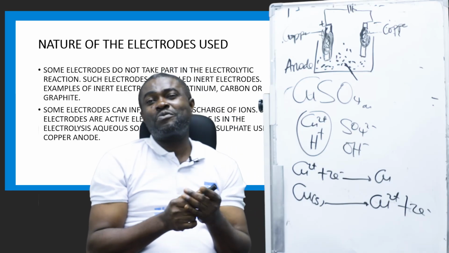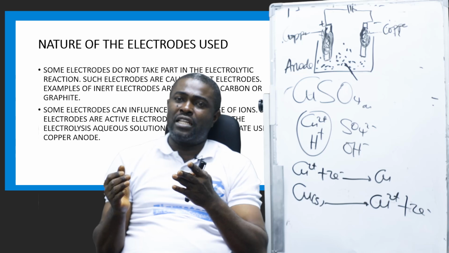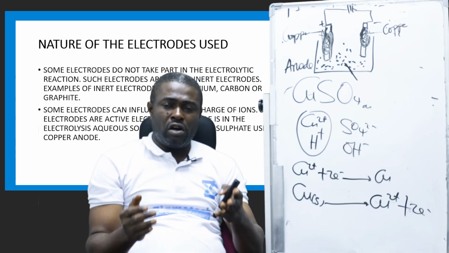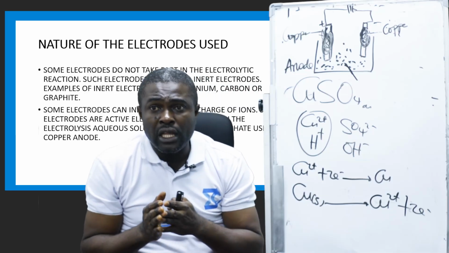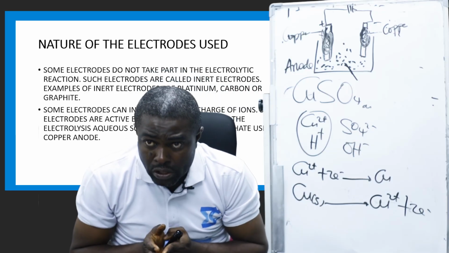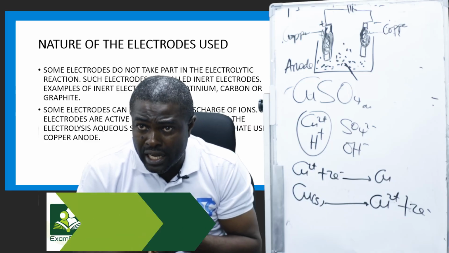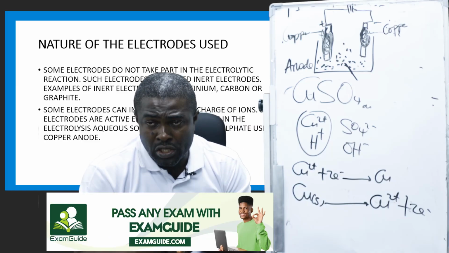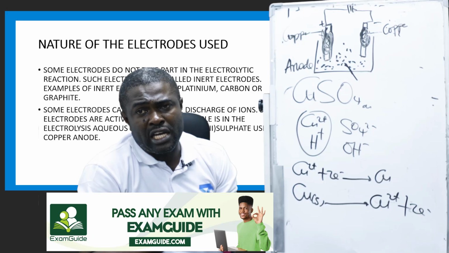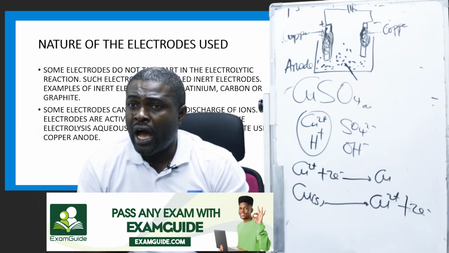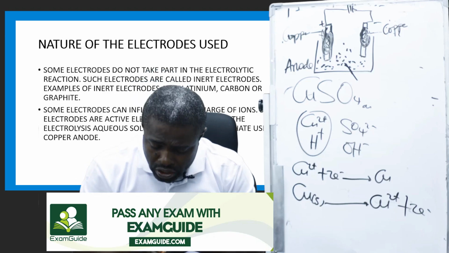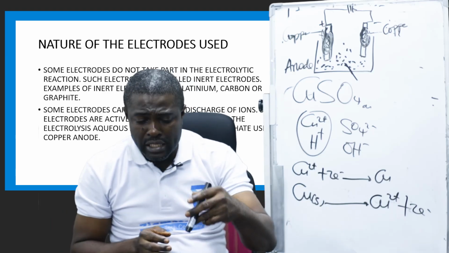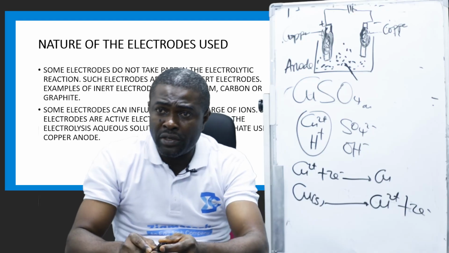Having said this, we have come to the end of this part of the lesson that deals with the factors for the selection and discharge of ions, having considered that there are 2 positive ions and 2 negative ions.